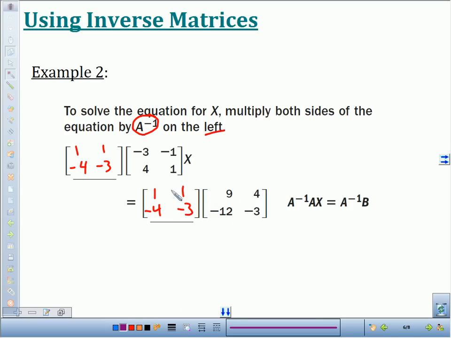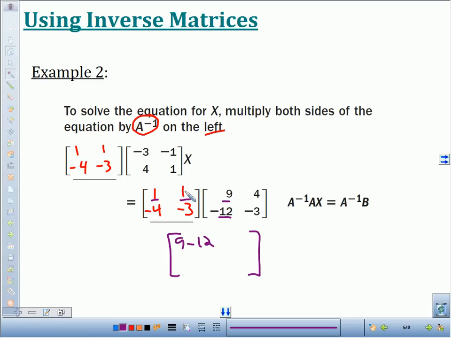Now when I multiply these out, of course, you may or may not remember, I start by multiplying the rows by the columns. So I have 1, the first term of the first row. 1 times 9 is 9. 1 times negative 12 is negative 12. So 9 minus 12.